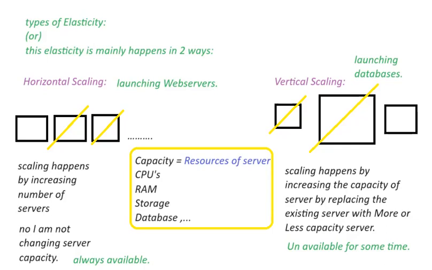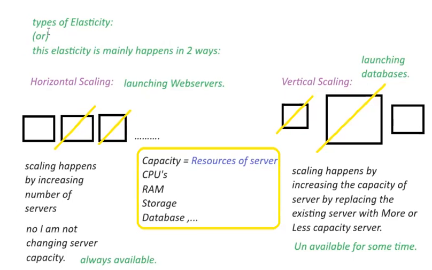If we go for a standalone application, since we are using fewer servers, we use vertical scaling at that moment. Except in all other cases, we use horizontal scaling to reduce unavailability. That means we are providing highly available servers. That's why we use horizontal scaling only.